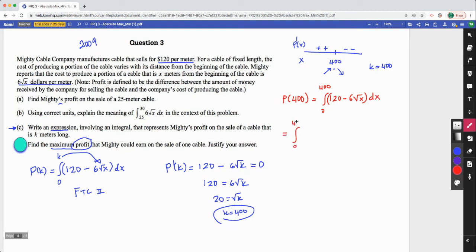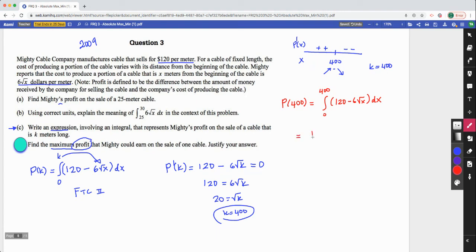You guys can separate 120 dx from 0 to 400. We'll place 400 in our function P. So P of 400 is going to be the integral from 0 to 400 of 120 minus 6 root x dx.